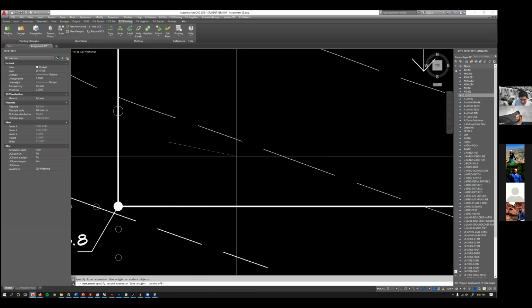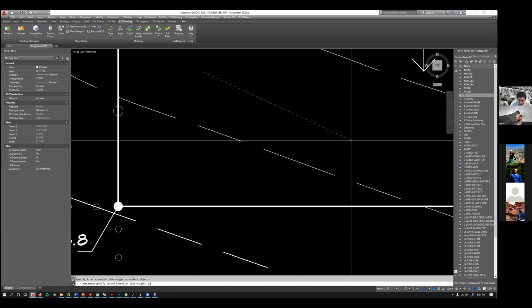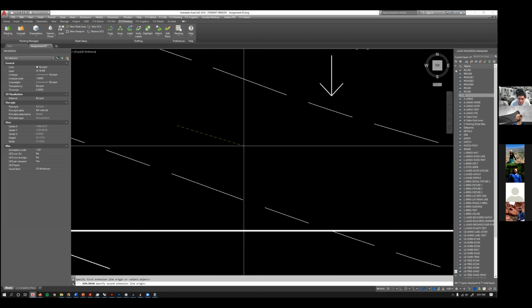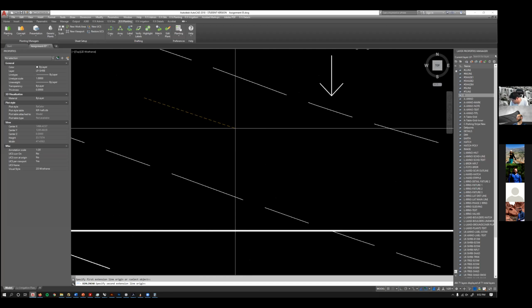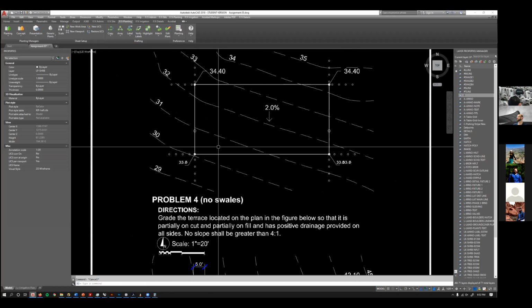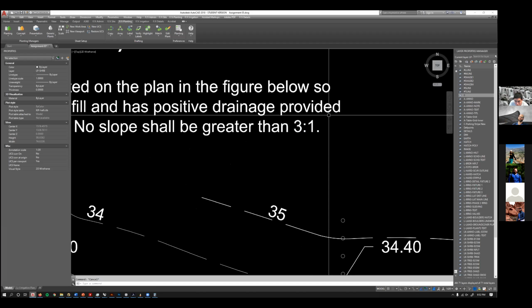I probably had my ortho on. If I do something like this, it's not completely straight. But it's 1.2. And then from that 1.2 to the next whole number, it should be 3, because we're maintaining that 3-to-1 slope, which is a minimum distance of 3 feet between contours and those dots. Oh, that's how you got the 3. Right. Okay.